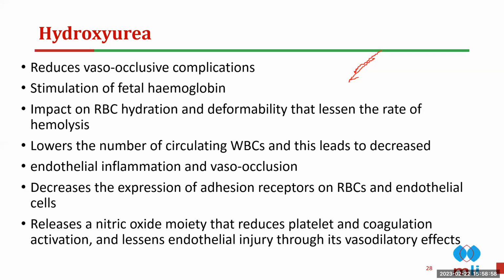So in a nutshell, hydroxyurea helps in all these mechanisms, and certainly when it comes to the lungs, these are very important positives because it will help in improving lung function.